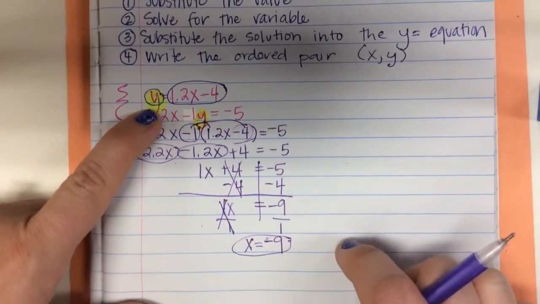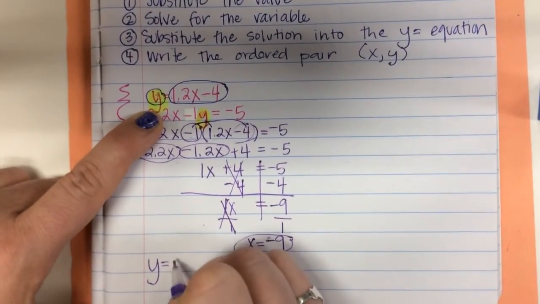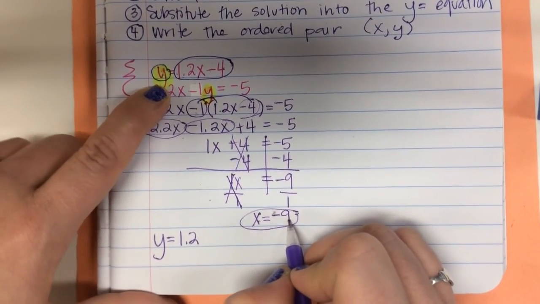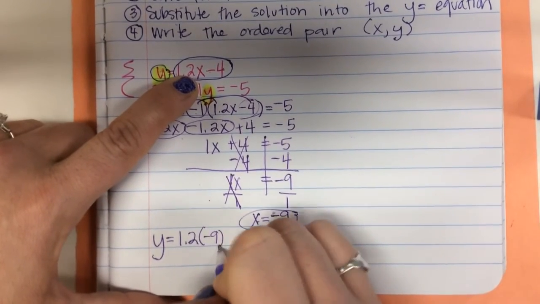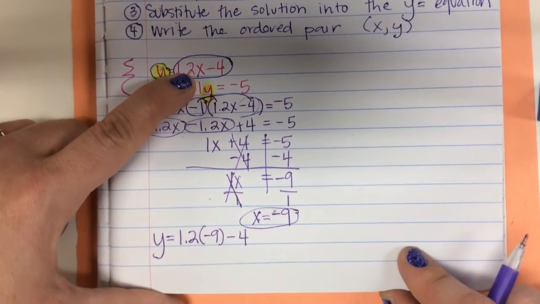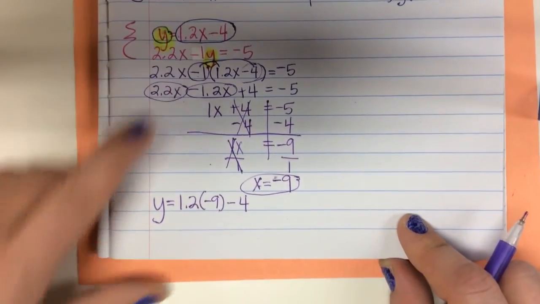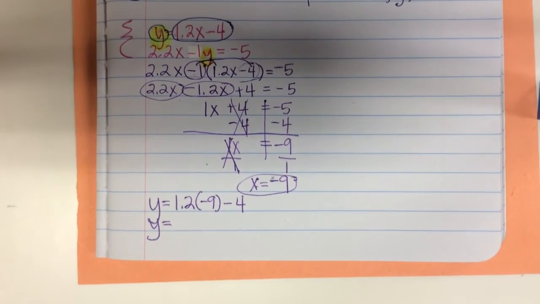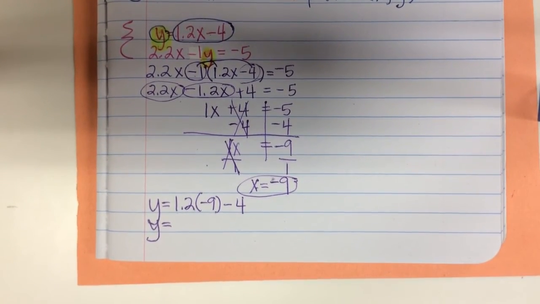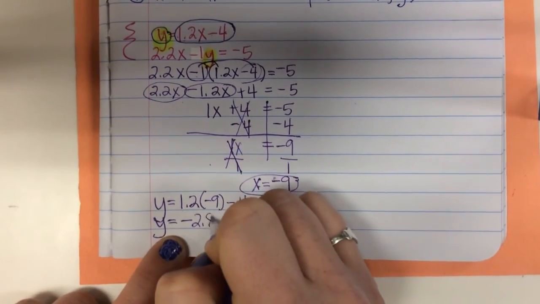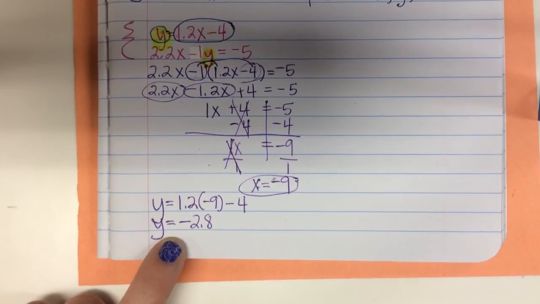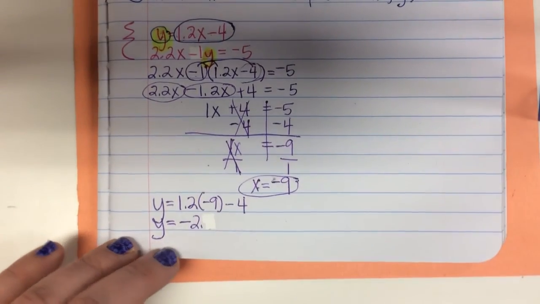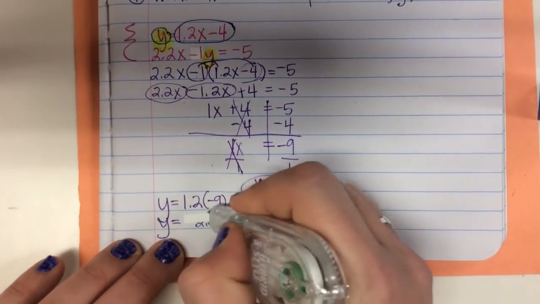So up here, y equals 1.2, and instead of x, what am I going to put? -9 minus 4. Y equals, what's 1.2 times -9? -10.8.